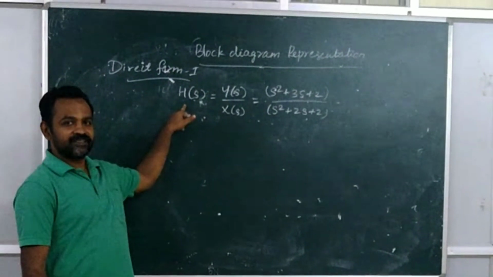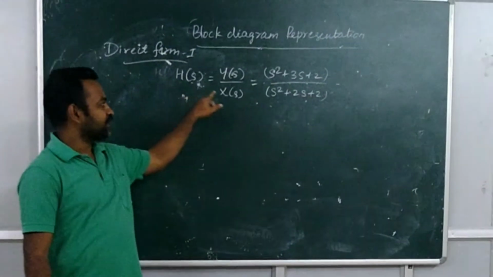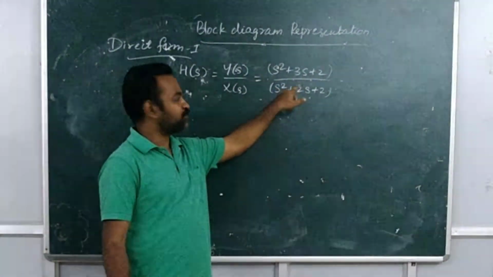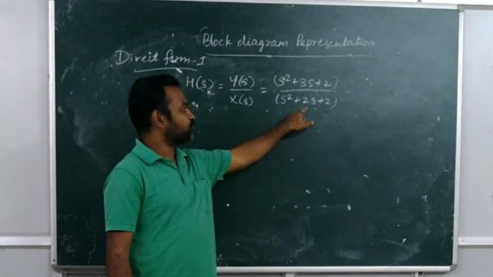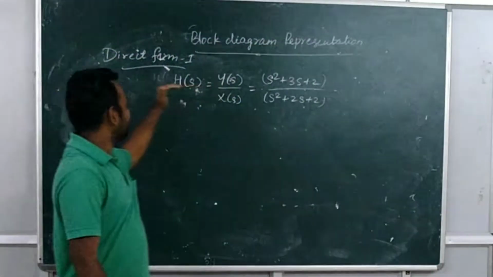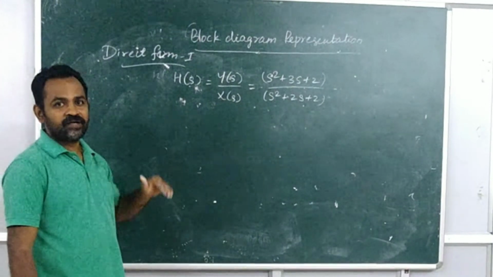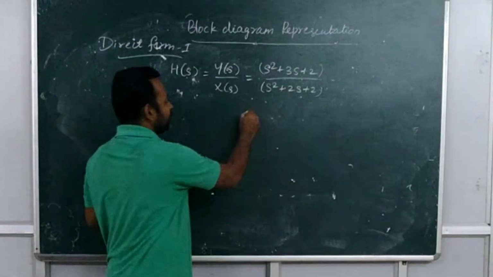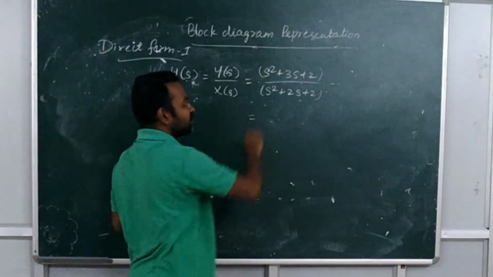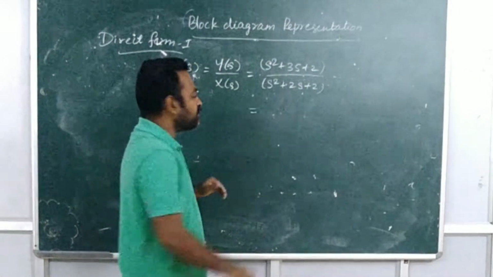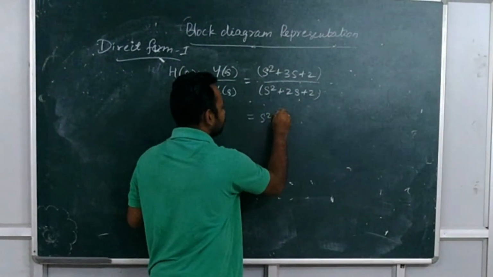Let us consider this example. H of s is equal to s square plus 3s plus 2 over s square plus 2s plus 2. We can implement this with the help of direct form 1 realization. From the numerator, the highest term is s square, so you can take it outside.